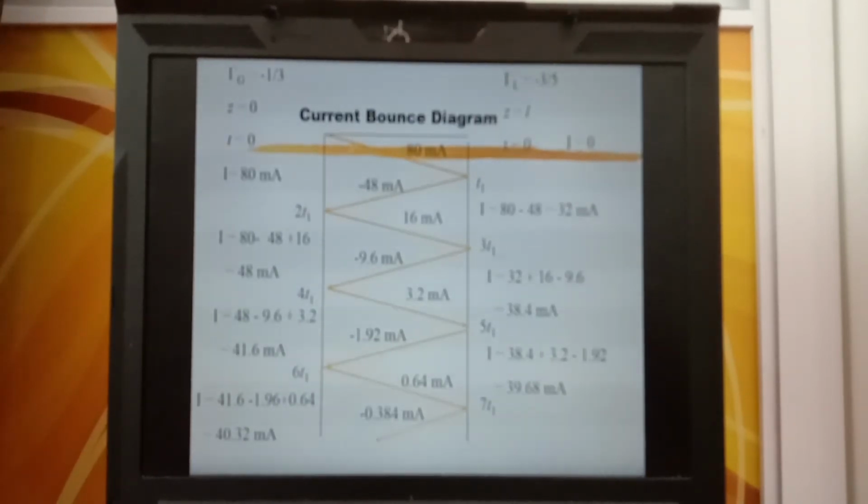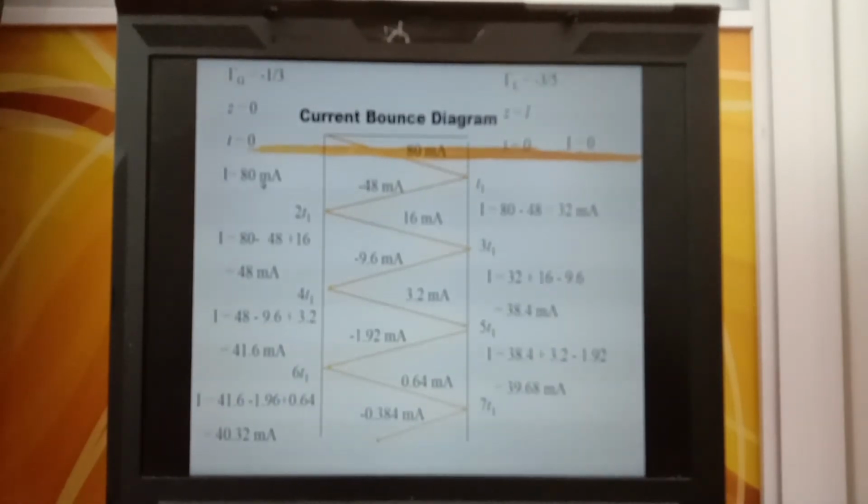And then at time 3t1, this 16 milliamp positive-going wave is reflected. The reflected current is negative 9.6 milliamp. So the total current at the load end is 16 plus negative 9.6 milliamp plus the current earlier, which is 32 milliamp. That gives us 38.4 milliamp, and so on.